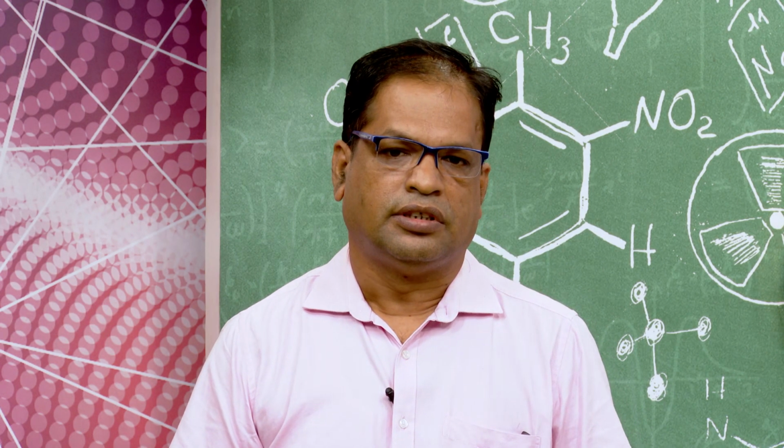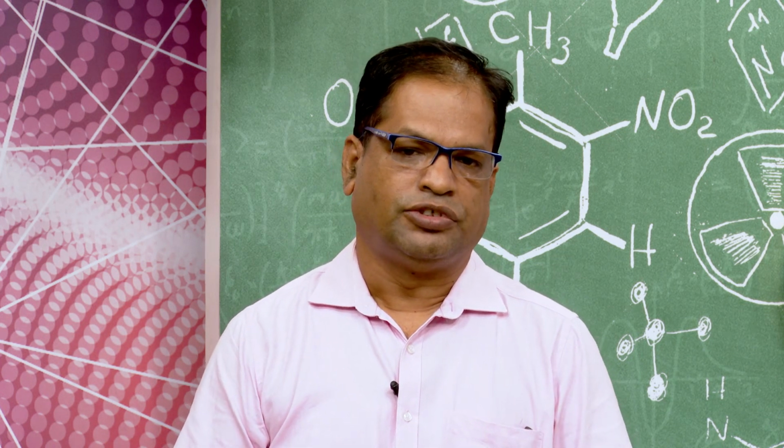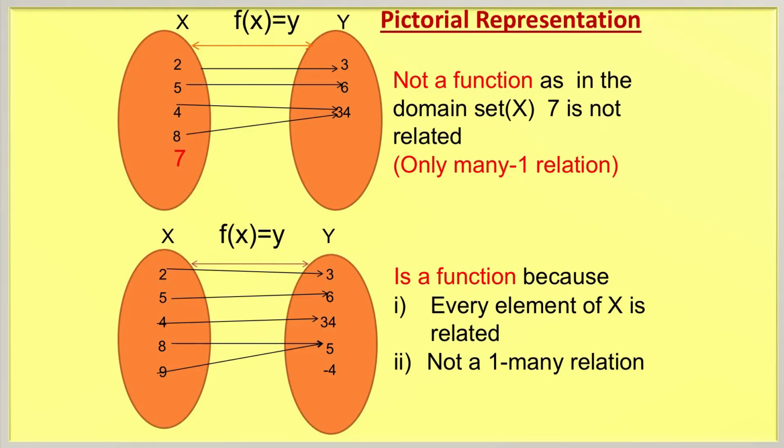Now, you see again there is another picture appearing on your screen. There is an element 7 that is not related in the domain set X. Of course, that is only a many-one relation, but that is not a function. And in the last picture you see that is a many-one relation and every element of the domain set X is related.